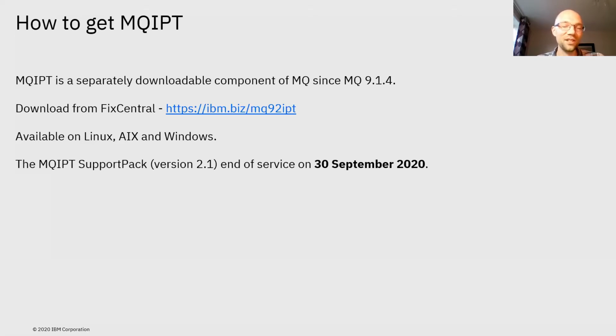The service lifetime of the support pack was always tied to the service lifetime of MQ version 8, and that statement was on the support pack website for a long time. We actually extended the lifetime of the support pack a little, until the end of September this year, to give people some time to migrate up to MQIPT 9.2 after the LTS release had come out.